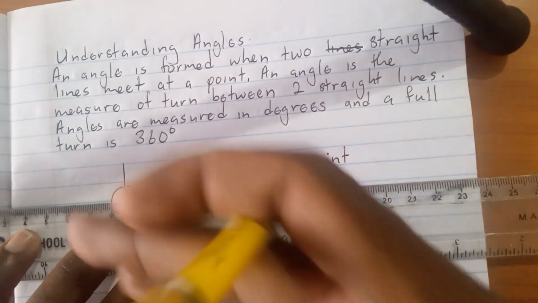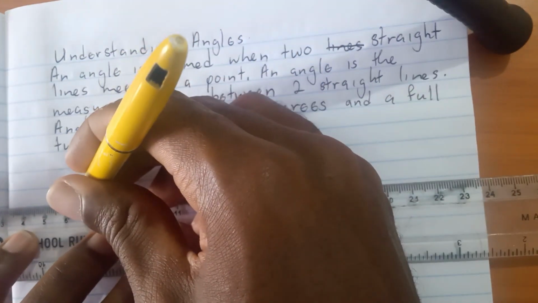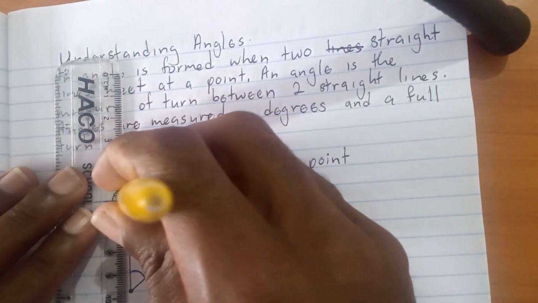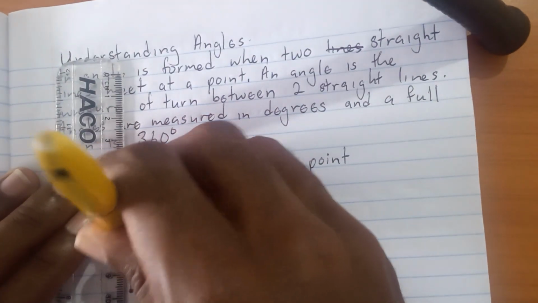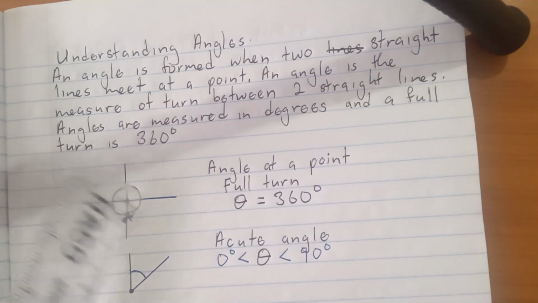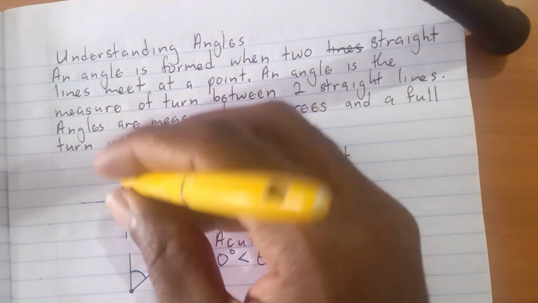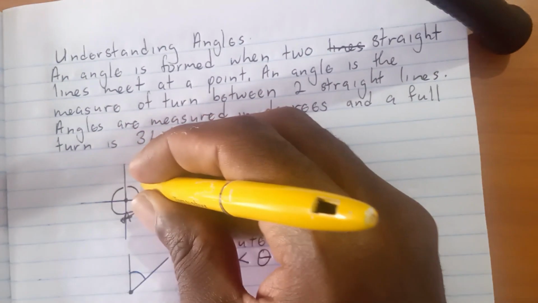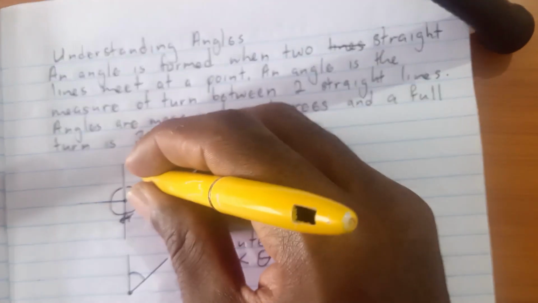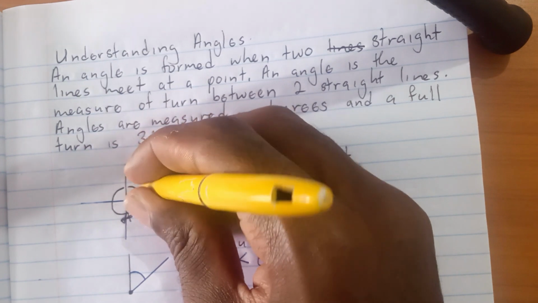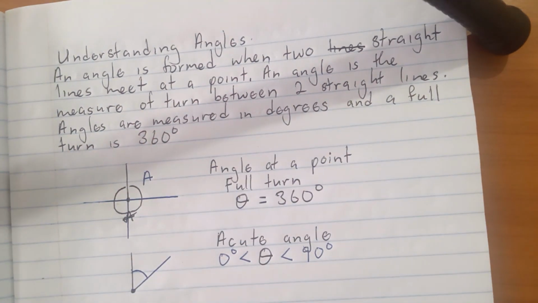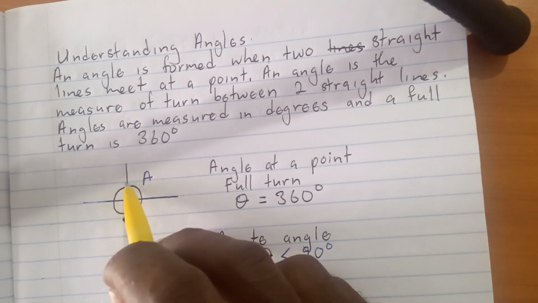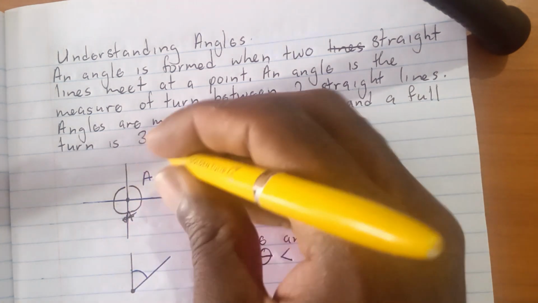Remember that if this is cut in 4, the angles that are here will be acute. I'll use A for acute. All these angles between these two lines are an example of acute.